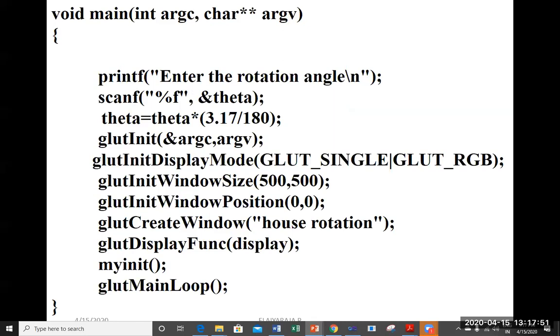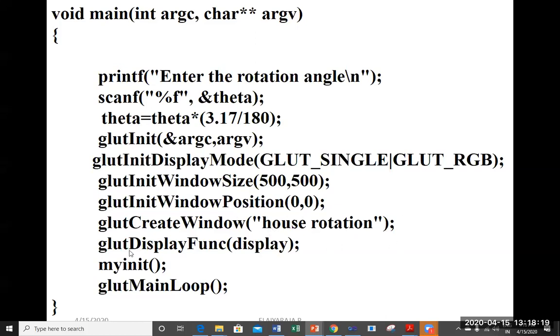Here, what is the pi value? Pi value is equal to 3.17. So to do the theta conversion, you have to write theta is equal to theta multiplied by pi by 180, right? Then specifying a display mode and specifying your window size, window position, and the name of the window.